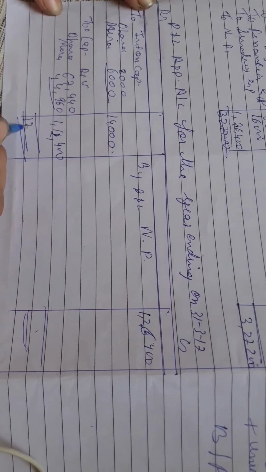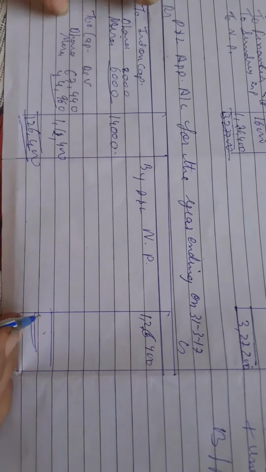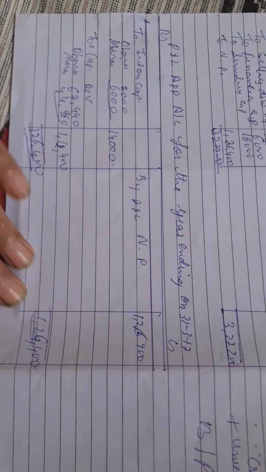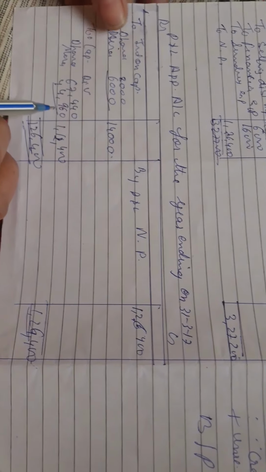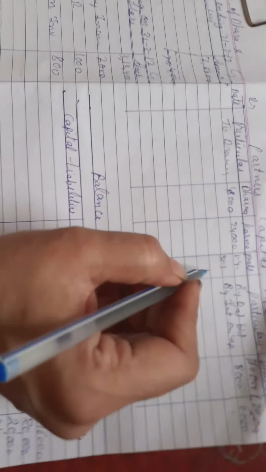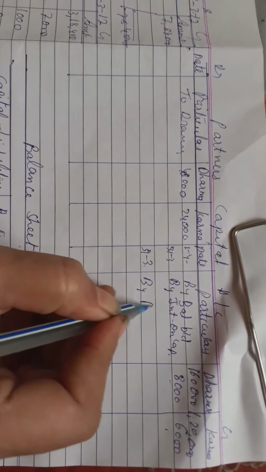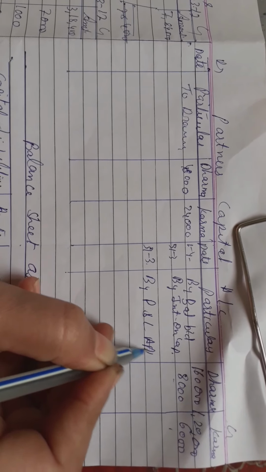So you are going to close. Now you are going to transfer this in the partners' capital account. Clear? So you are going to write here 31st 3 by P&L appropriation.